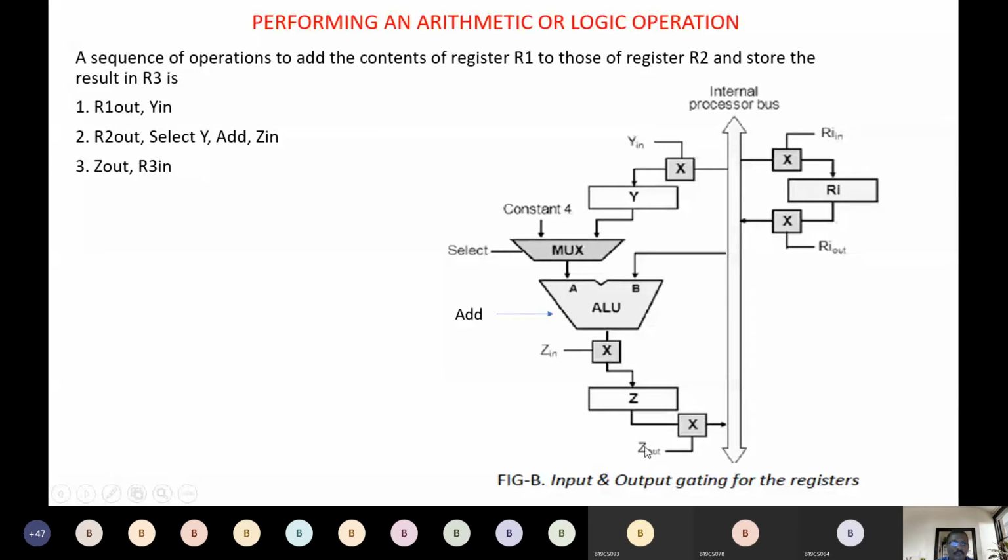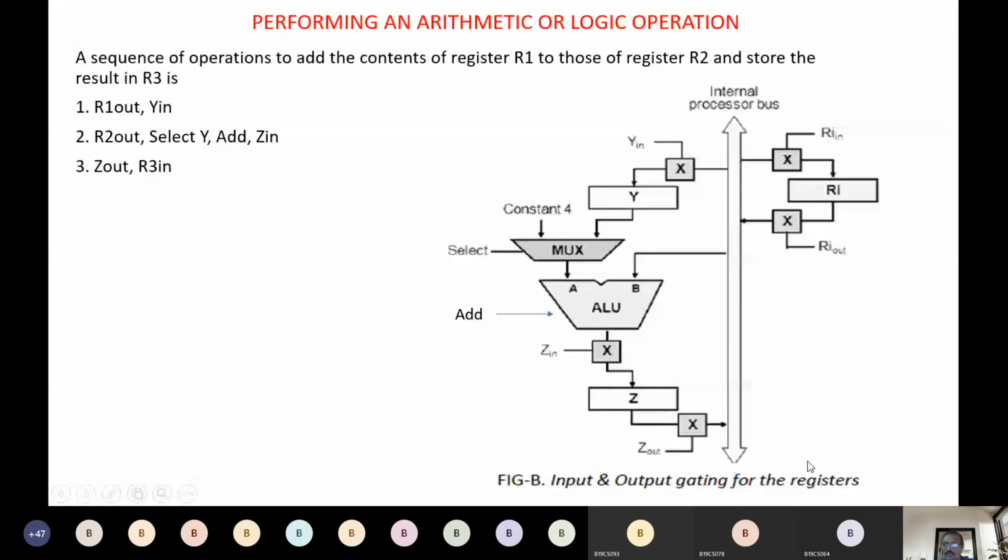We need to make it 1. That's why in the third instruction you can see Z out. When Z out is equal to 1, data flows out from the register Z. Where does it need to flow? It needs to flow into R3 in. We make another signal, R3 in, to 1, so that data from Z flows to the R3 register.